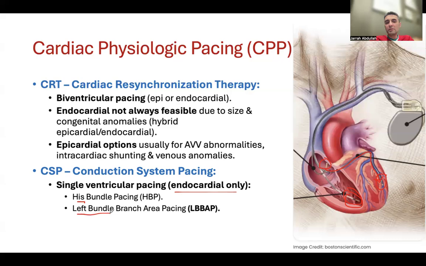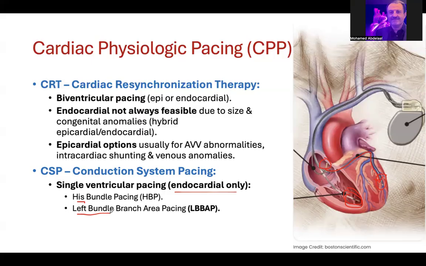Does that make sense so far, guys? You often hear the term cardiac resynchronization therapy, and now you will hear more and more often left bundle branch area pacing, which is a form of conduction system pacing. Those two terms are broadly called cardiac physiologic pacing. Understood, guys? Am I too fast?